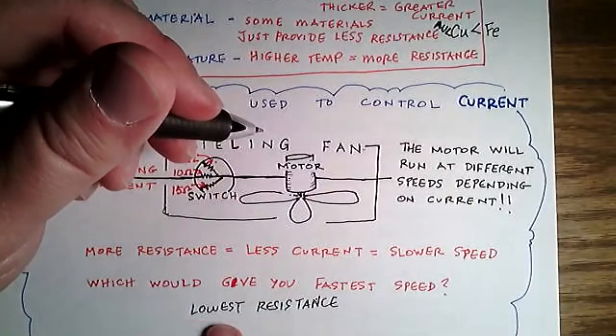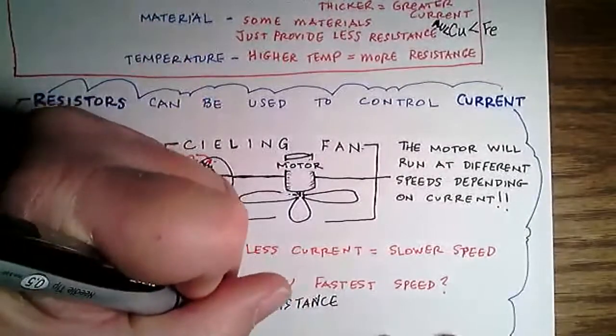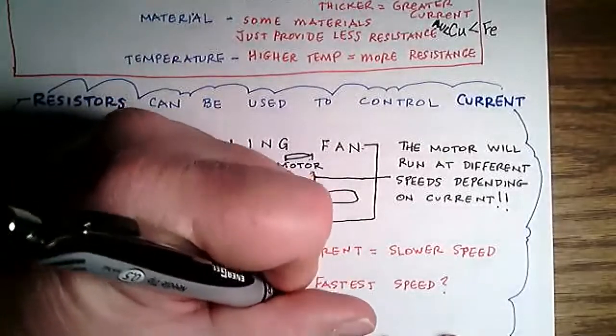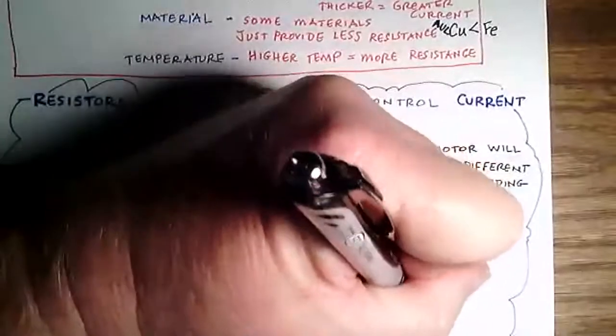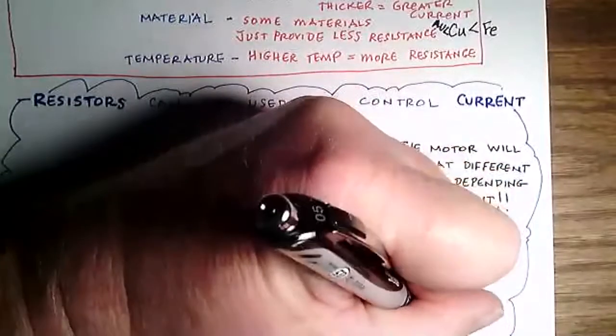So if I have the lowest resistance, I'm going to have the highest current. And that highest current is going to give me the fastest speed on my motor.